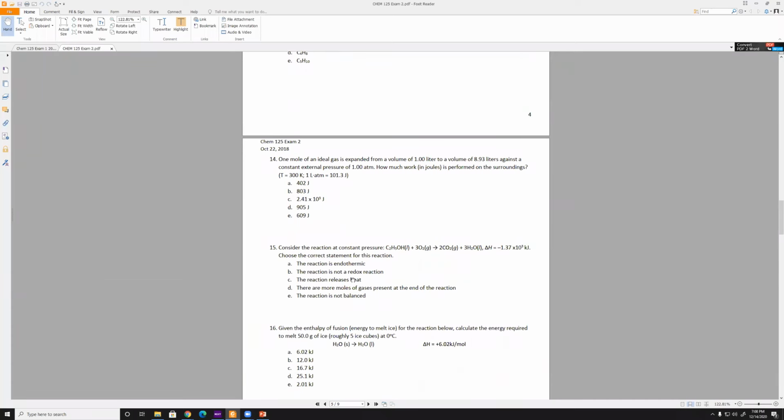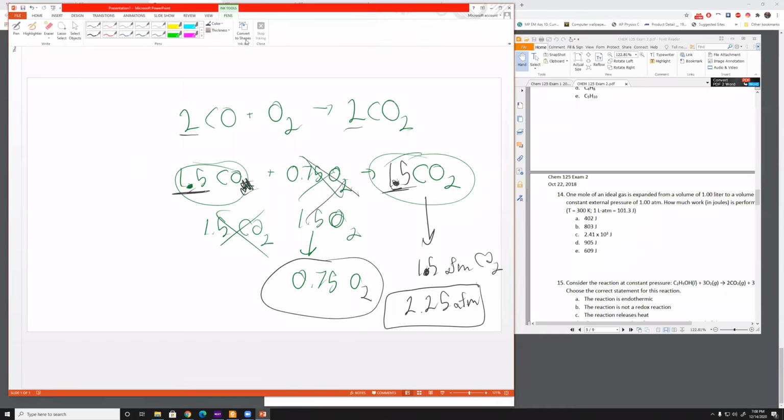Okay, so how much work in joules? Remember, all the formulas will be given to you. The formula for work is W equals negative P delta V, so we're going to be using that here. You have an external pressure of 1 atm, so this would be 1.